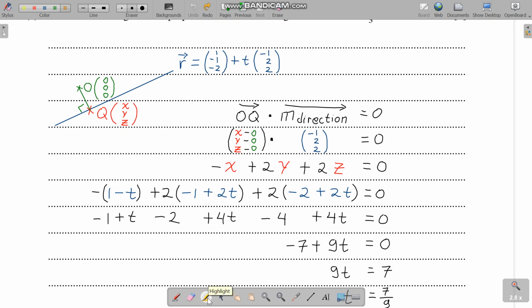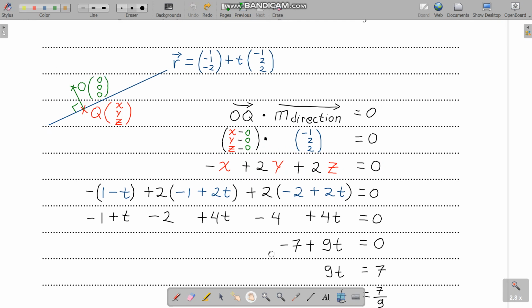To find the vector of Q, that'll be the coordinates of Q minus the coordinates of O, so it's just x, y, z basically. To do the dot product, we multiply corresponding components: x times -1, y times 2, and z times 2. Now we have an equation in 3 unknowns.